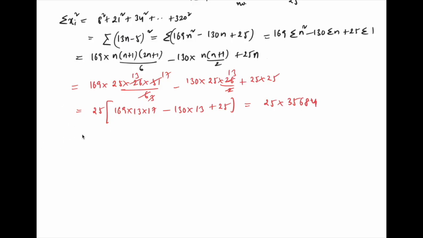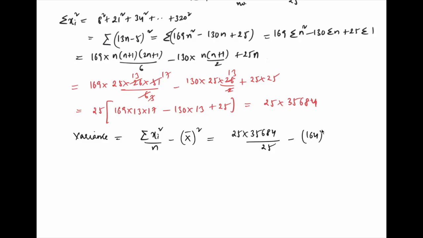Now the variance formula is summation xi square divided by n, minus mean square. So which is equal to 25 into 35,684 divided by 25, minus 164, the mean is 164, whole square.